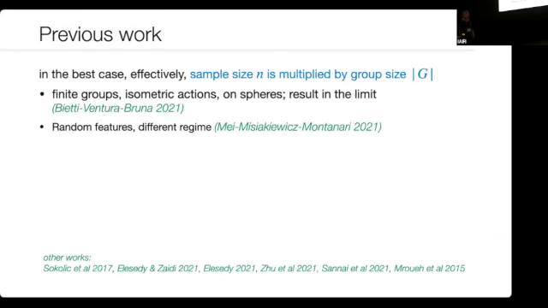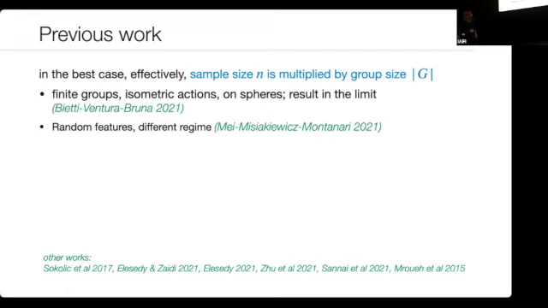There is some prior work on this, and essentially what it says is that the complexity of your function class for finite groups is divided by the size of the group. Or in other words, because that complexity is on top of the fraction, it's as if I'm multiplying the number of observations by the size of the group. As I said, you observe one data point, you observe transformations of that data.